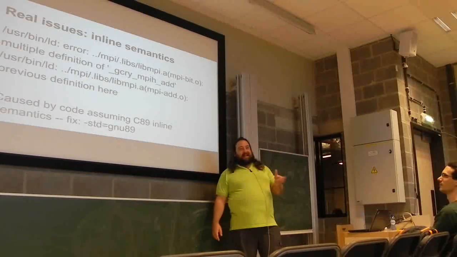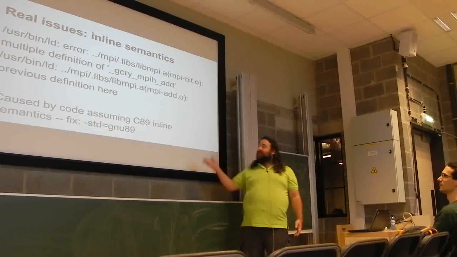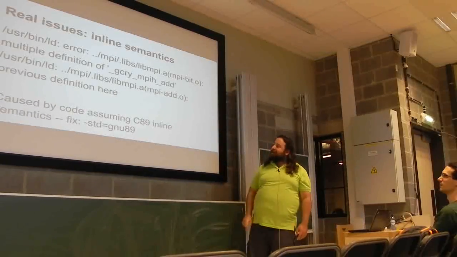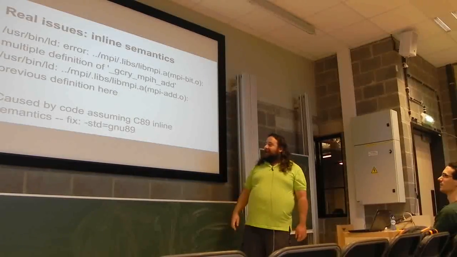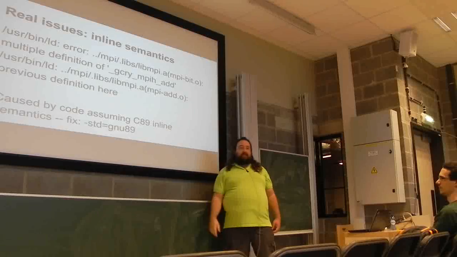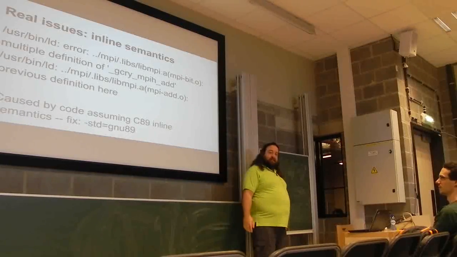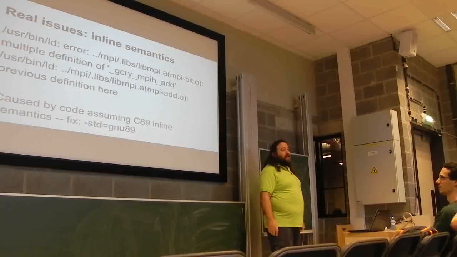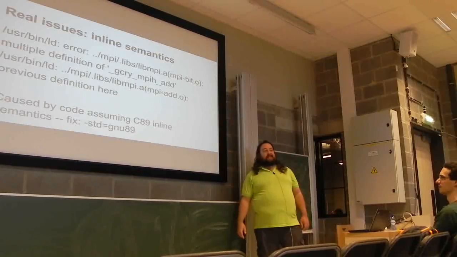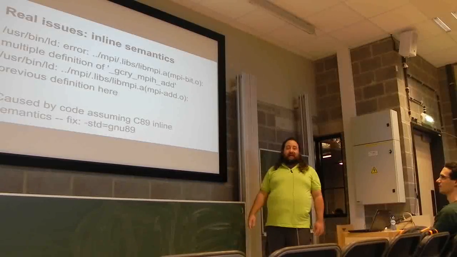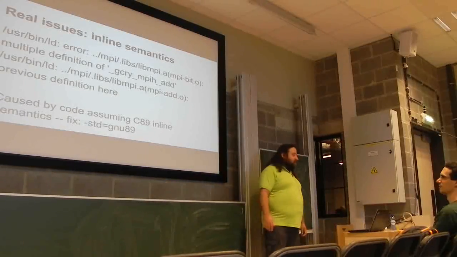Therefore, stuff that was declared inline in a header and included in several files ended up being merged into the binary twice, causing those multiple definitions. And the fix is to just use -std=gnu89 to make sure that those applications get what they expect from the compiler. The thing there is clang defaults to a newer standard, C99, where inline semantics were actually defined in a more reasonable way.